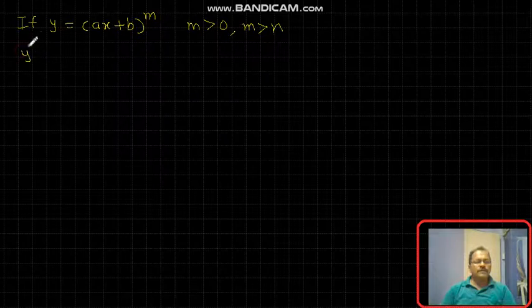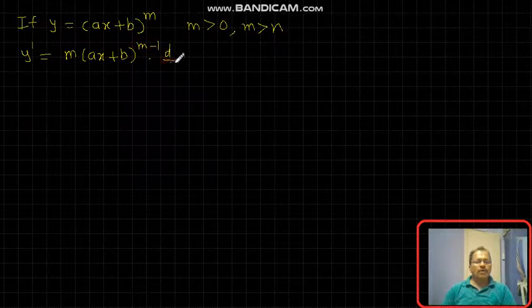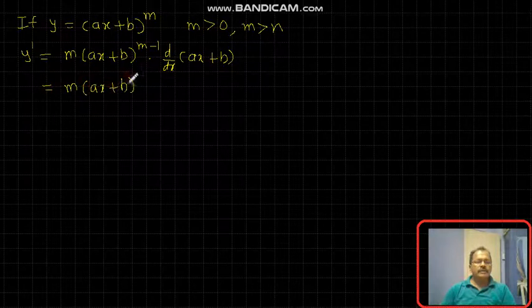So the first derivative y dash is m into bracket raised to m minus 1 into the derivative of the bracket ax plus b, which is a.